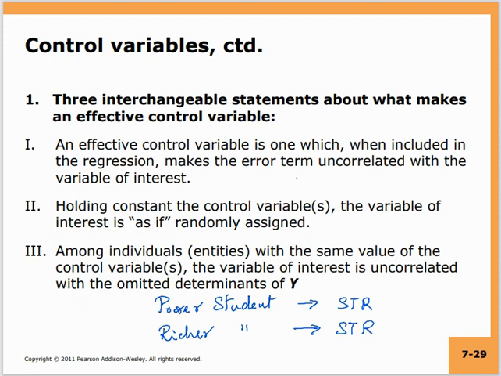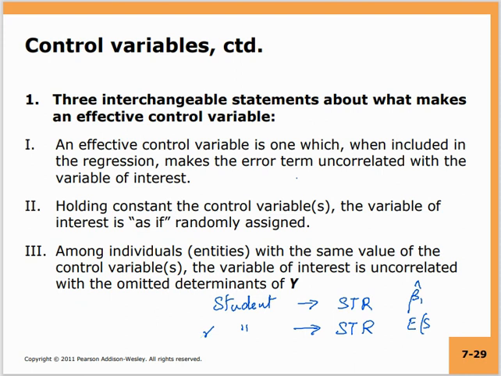So beta 1 hat is the effect of STR, the correlation of STR with the test score, given that all the other variables are kept constant.